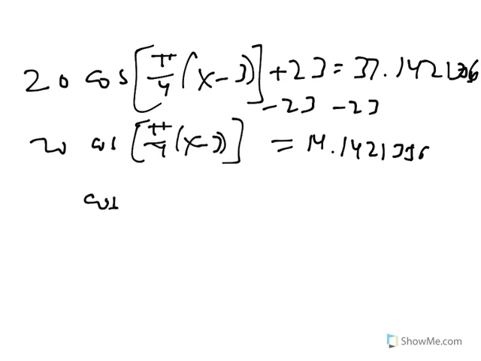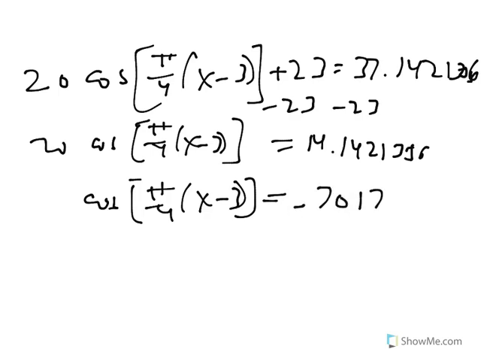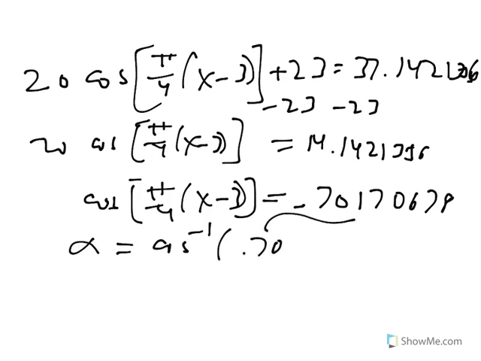Divide both sides by 20 and get 0.70710678. So our reference angle is cosine inverse of this 0.7071678. Even if this thing was negative, which it's not, I would still put positive in here.